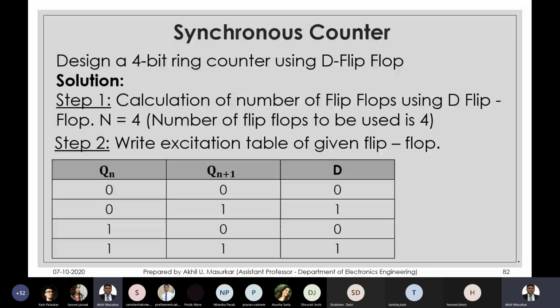When we say ring counter, the obvious question is, what is the sequence? How the counter is expected to count? So that definition is there in this word itself. That is ring counter. So first you note down step 1 and step 2. Here it is directly given 4 bits. So we don't have to apply our brains.